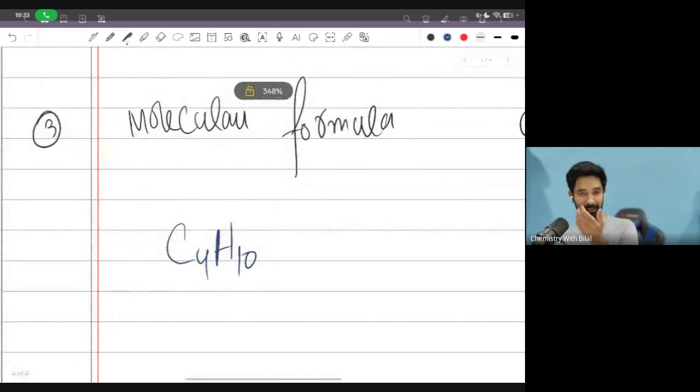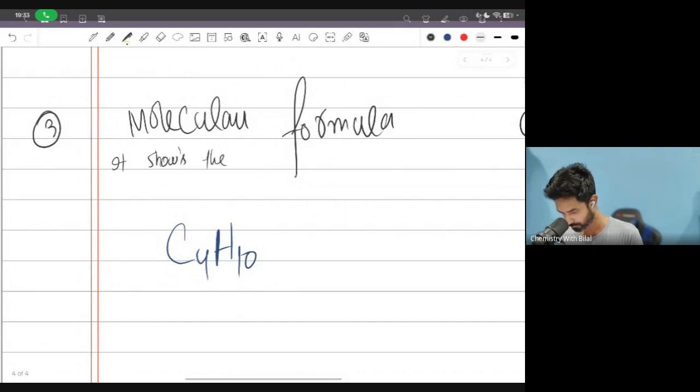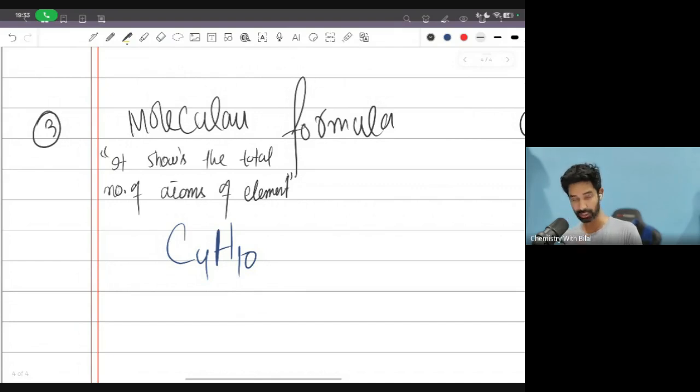By looking at the molecular formula, we can deduce the total number of carbon and hydrogen atoms. So molecular formula shows the total number of atoms of each element. It doesn't tell कि इस कार्बन के साथ कितने हाइड्रोजन्स हैं, हाइड्रोजन कितने कार्बन के साथ अटैच है. But this type of formula just tells you the total number of atoms of each element.